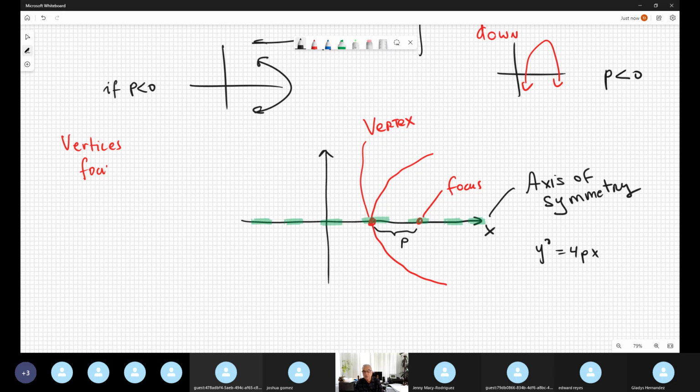This p is the distance from the vertex to the focus, or from the vertex to another line that is called the directrix. This line is called the directrix, and that distance is also p.